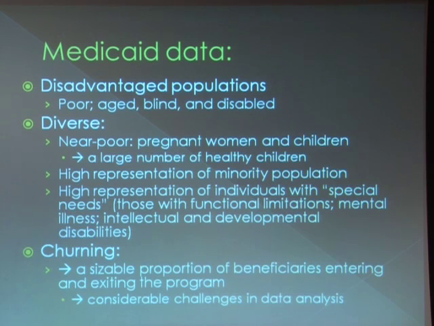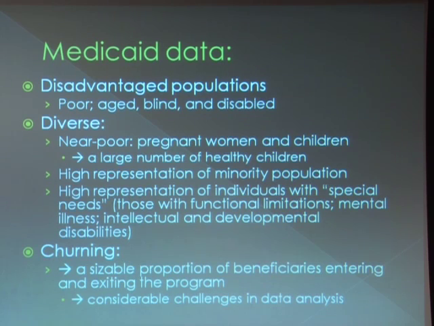With the Medicaid data, by definition, these are people who are disadvantaged, whether they're poor, aged, or disabled. They're very, very vulnerable people. However, also consider that it's a diverse population. We need to think about the very large representation of children and pregnant women in the Medicaid program. Most of them are going to be healthy, and so you can do a lot of different analyses on that population.